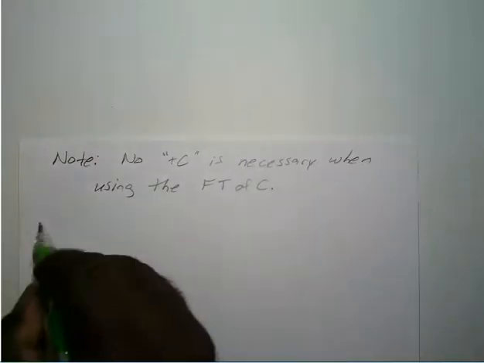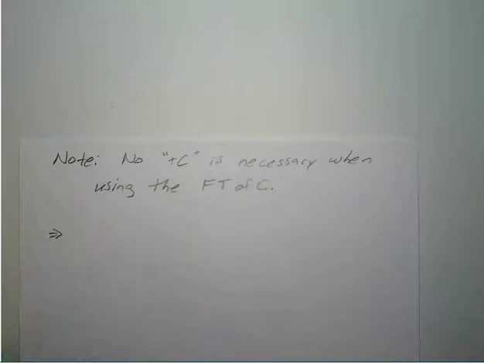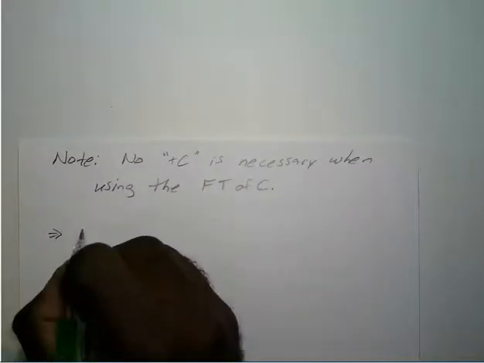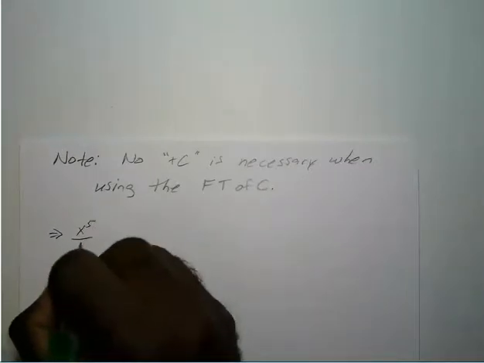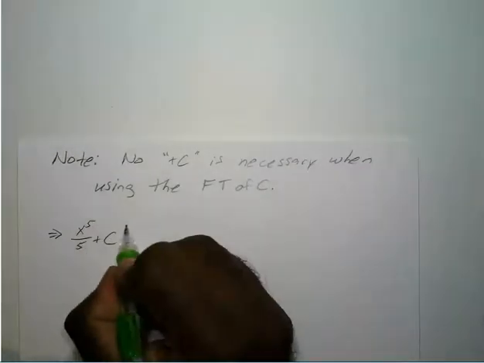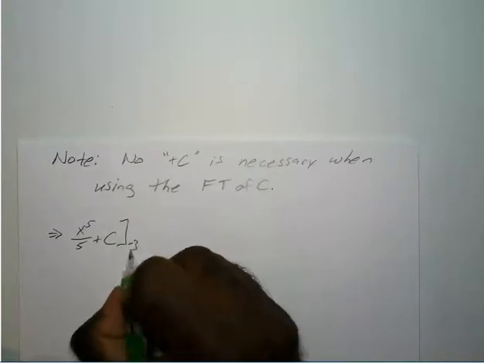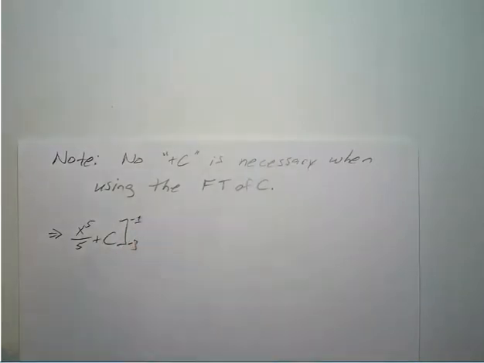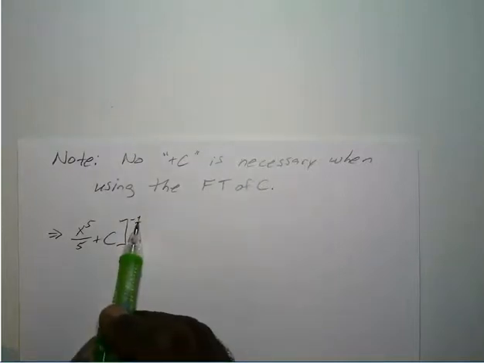So in the previous problem, we had x to the fifth over 5 as our integral. So what if we had x to the fifth over 5 plus c from -3 to -1? Okay, so we're just going to plug in our -1 first.